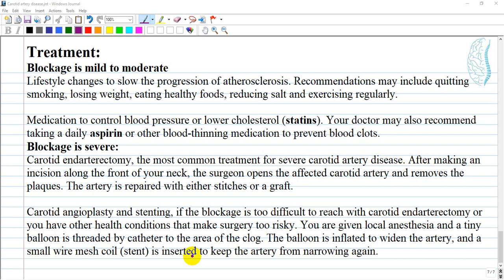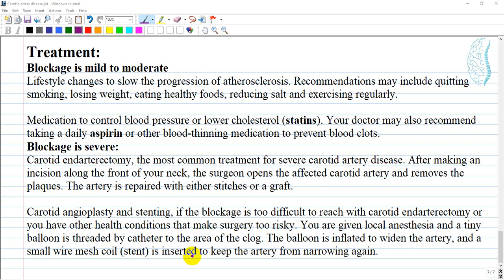After making an incision along the front of your neck, the surgeon opens the affected carotid artery and removes the plaques. The artery is repaired with either stitches or a graft. The second option is carotid angioplasty and stenting, the newest and less invasive method.